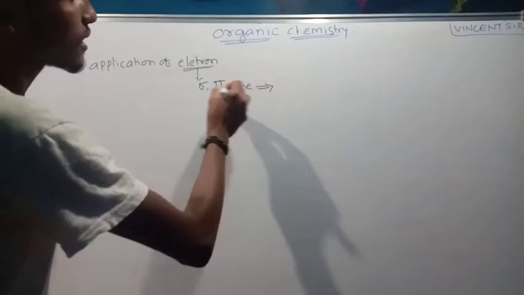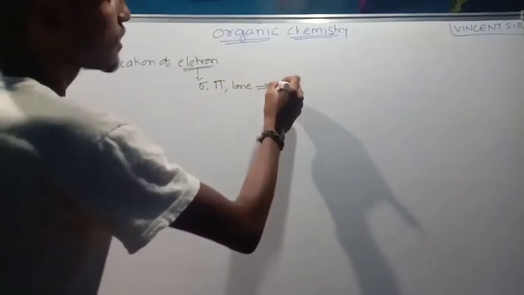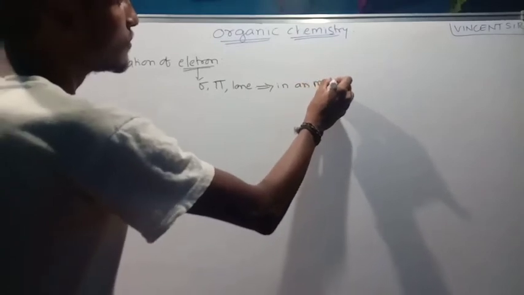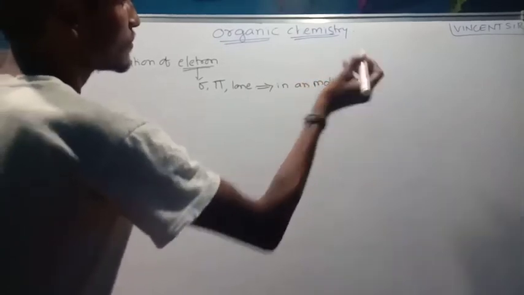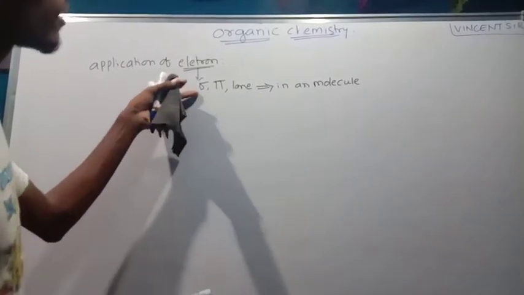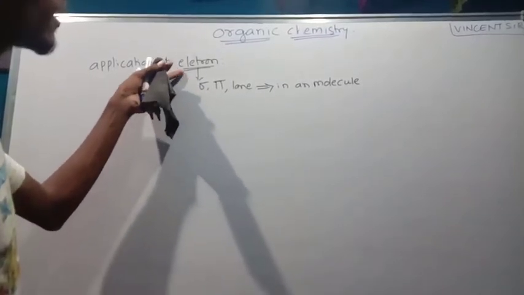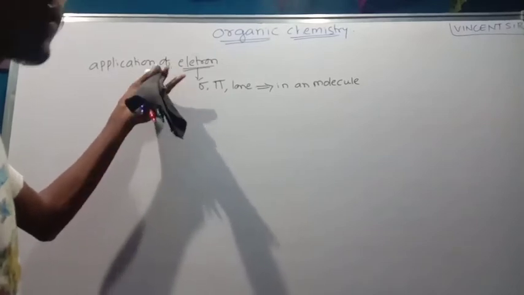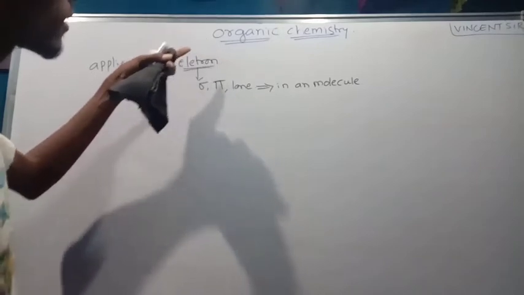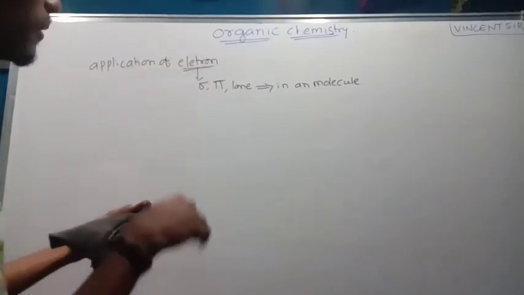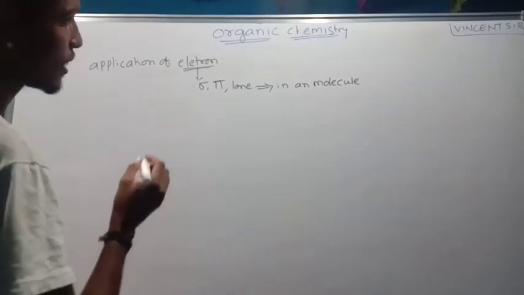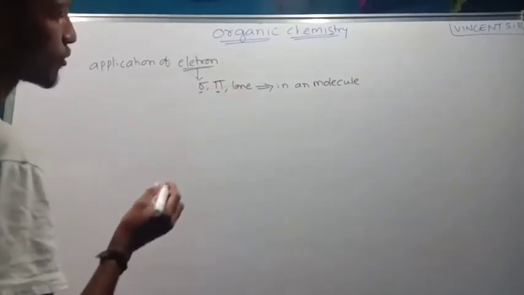Because you can see this type of electrons in a molecule. Now if you take a molecule, then what electrons are present and what type of transitions they undergo means we have to apply organic chemistry in analysis.